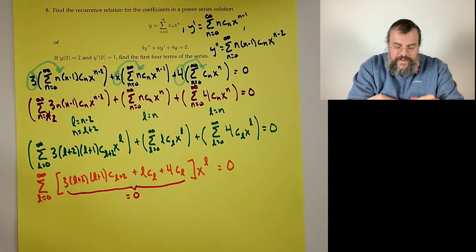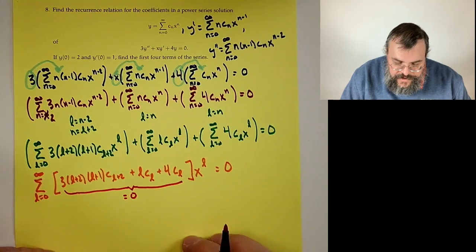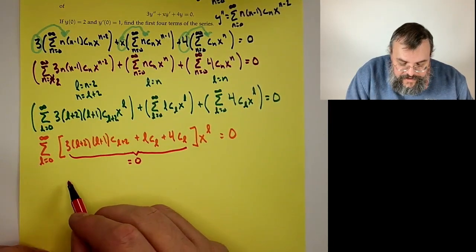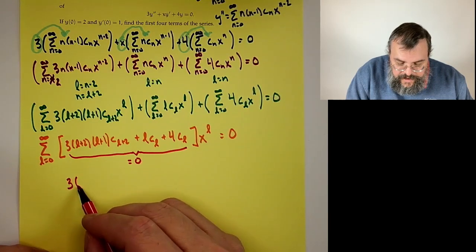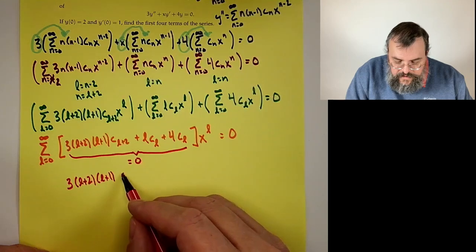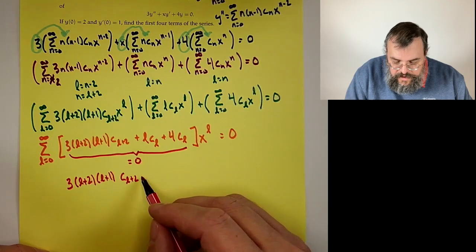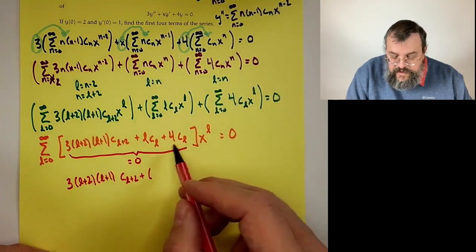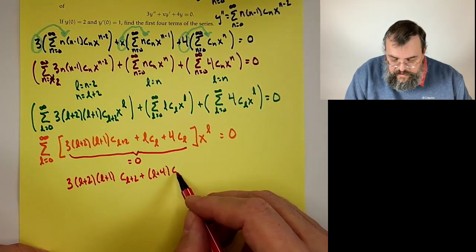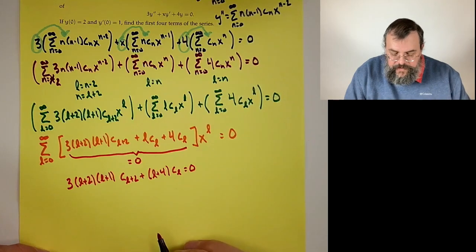All right, so we're almost to our recurrence relationship. We're practically right there. It says 3 times L plus 2 times L plus 1, C sub L plus 2, plus, and since they're both C sub L, L plus 4, C sub L equals 0.